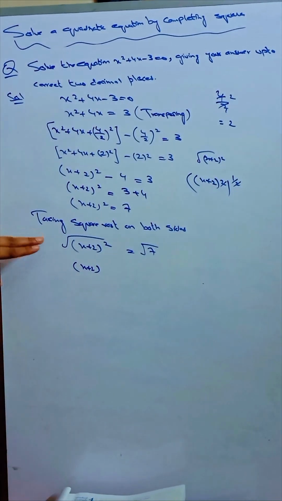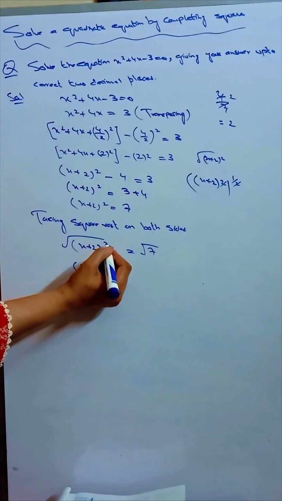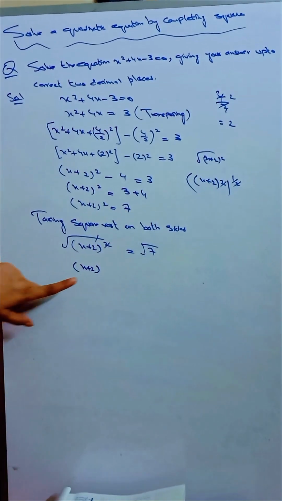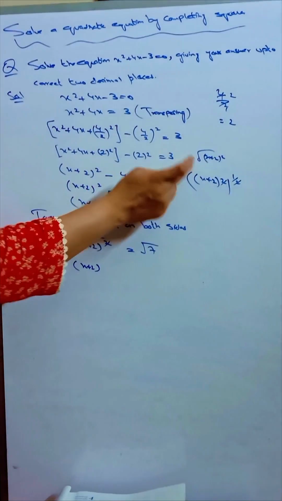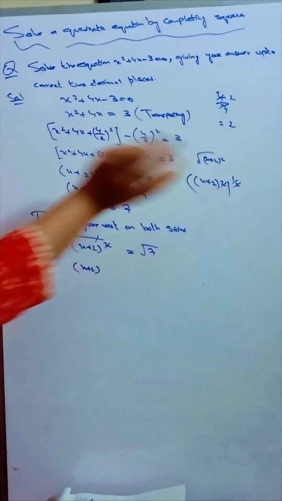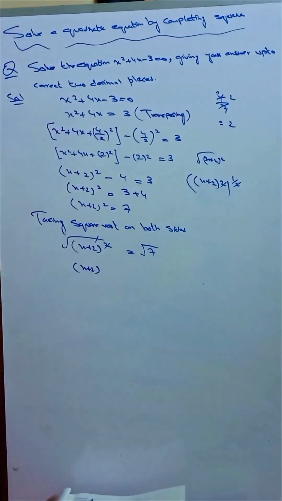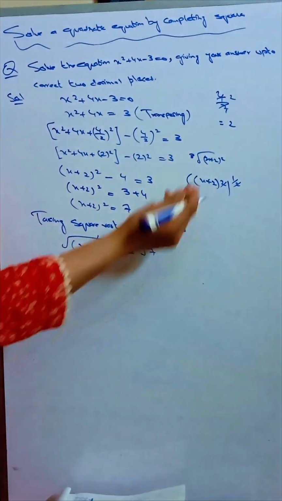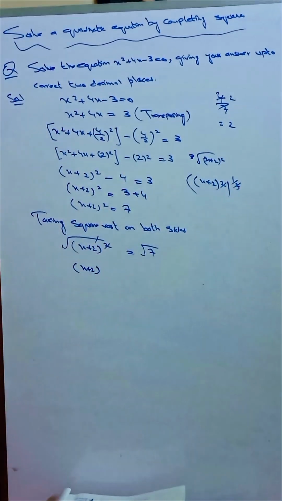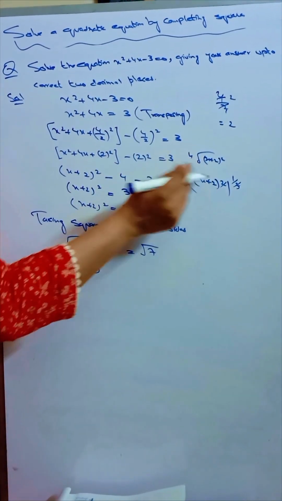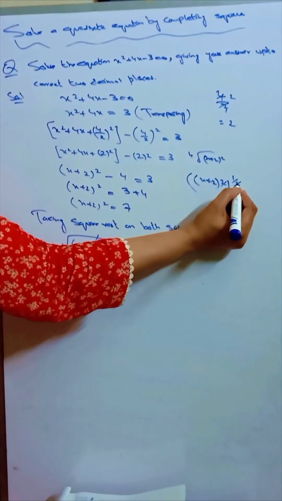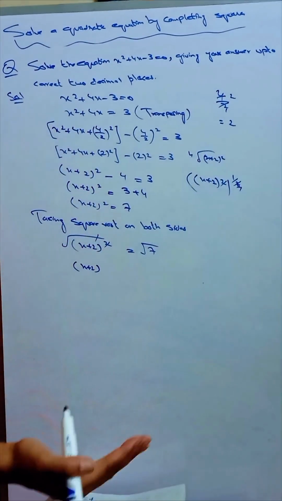Alright, I can easily do this directly: this 2 and root cancel off, what is left? x plus 2. Alright, whenever they have given under root, its value is 1 by 2. Don't forget. And if it is written under root 3, this value will be 1 by 3. If it is written root 4, this value will be 1 by 4. I'm just telling you.